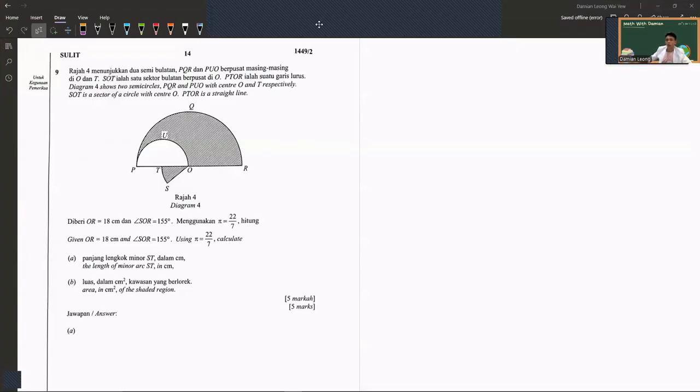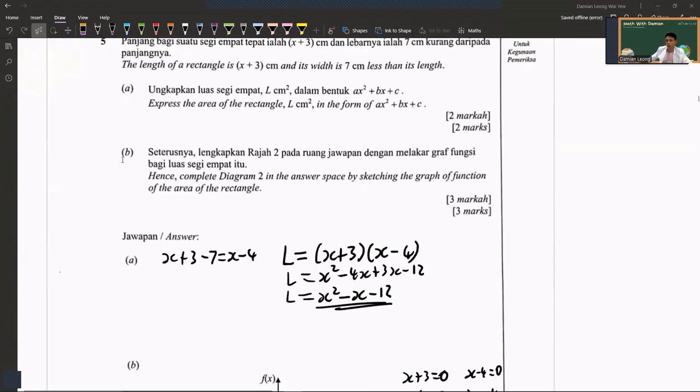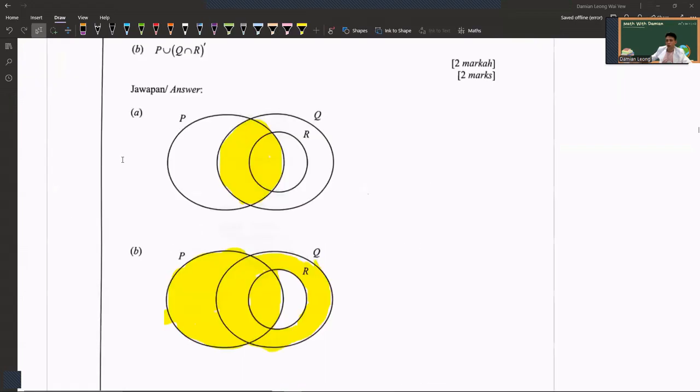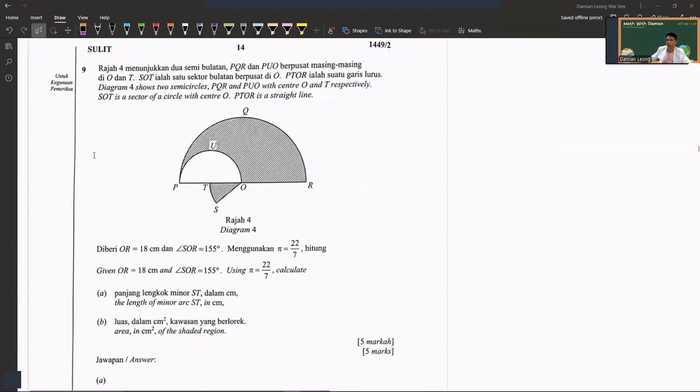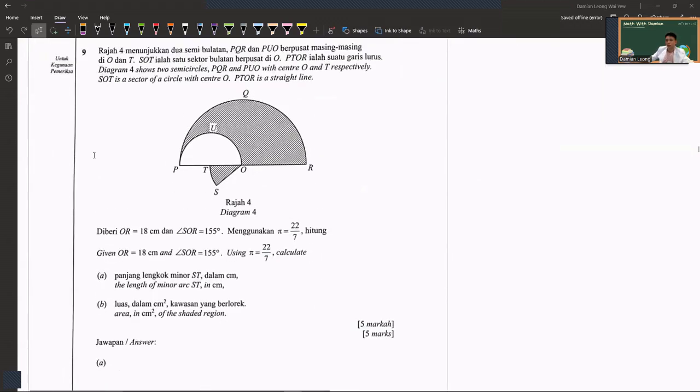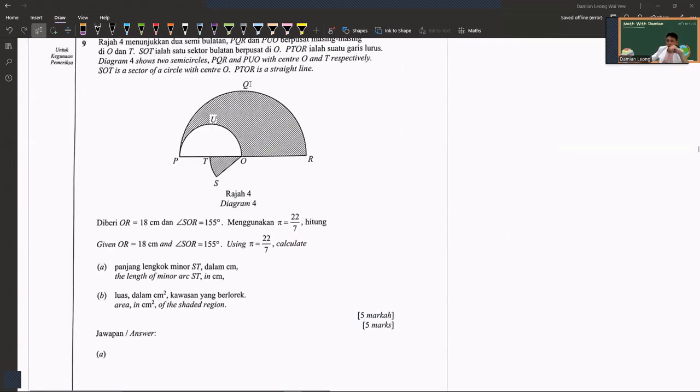Diagram 4 shows two semicircles PQR and PUO with center O and T respectively. SOT is a sector of a circle with center O. PTOR is a straight line. Semicircle, semicircle, sector. So OR is 18 cm.